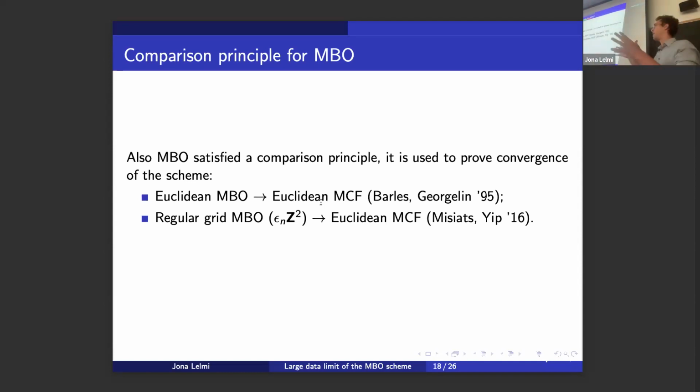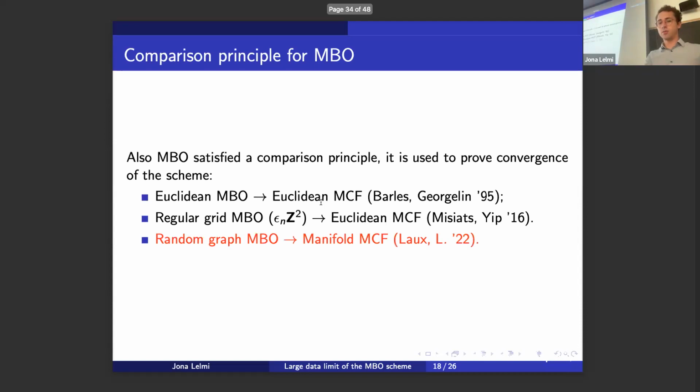So their graph is just a discretization space. They do this to study actually the classical MBO scheme, to see how the numerical algorithm for the approximation of mean curvature flow works. But in this graph clustering setting, nothing was known before.